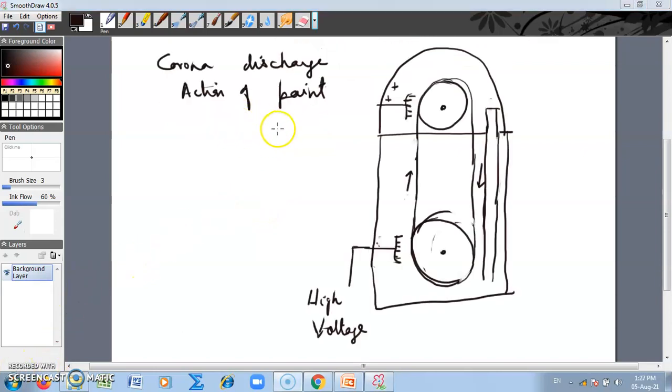So the Van de Graaff generator, actually I'll give the very basic principle of it like this. There are these two wheels, they act as the two wheels of a pulley, and this one is a rubber belt.